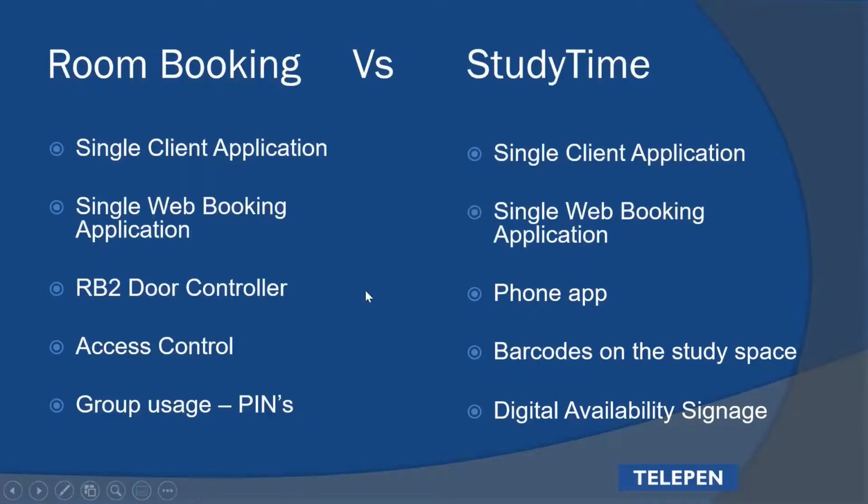It's all about what features and functionality there are within the two products. You could quite happily use StudyTime to book rooms if you wish, and you could quite happily put RB2s on desks. It's much more about the features and functions in the two products.